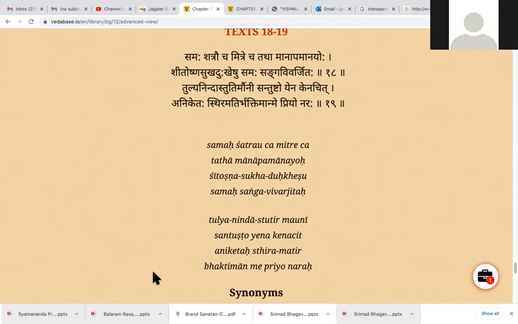Who else would like to try? Yes, Bhavana Mataji. Yes. Okay. Sama satro cha mitre cha tatha mana pamanayo sitoshna sukha dukkhesu samasanga vivarjitaha. Very nice. Very good.